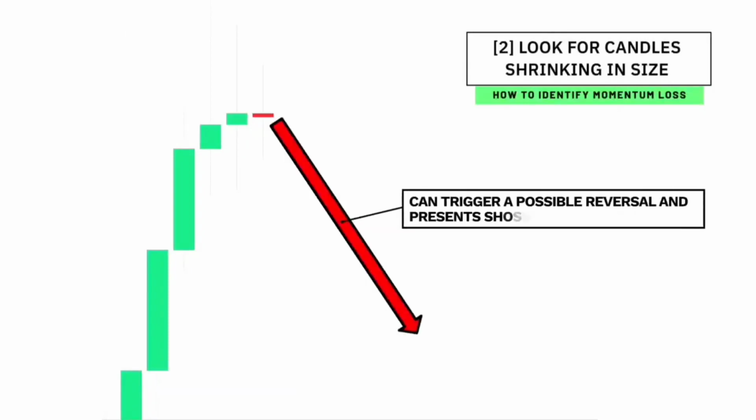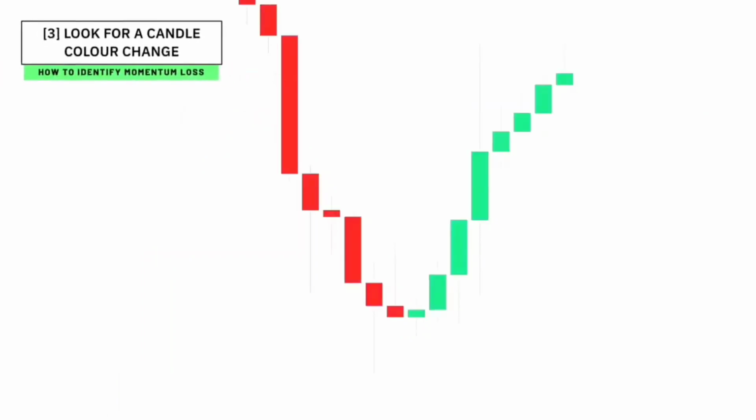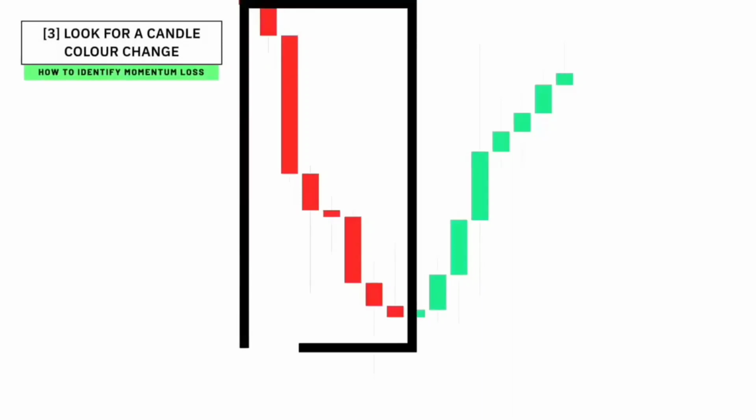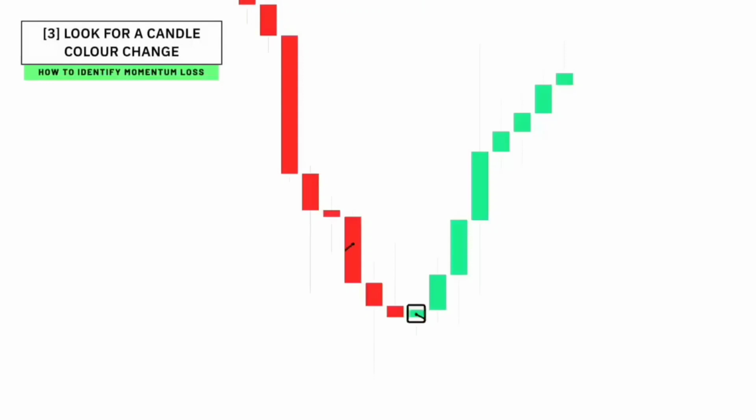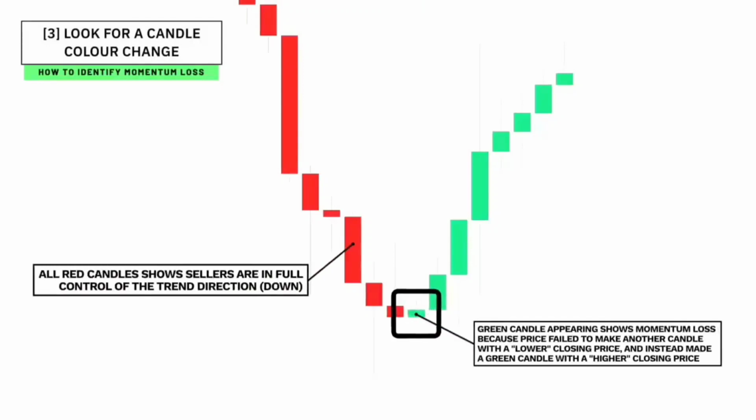The third way to identify momentum loss is to look for a candle color change after you have consecutive candles of the same color. In the downtrend, notice that you have red candles before the green candle appeared. This shows a momentum loss because price failed to produce another candle with a lower closing price and instead made a higher closing price through the green candle.